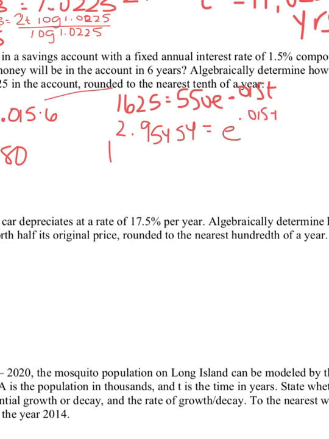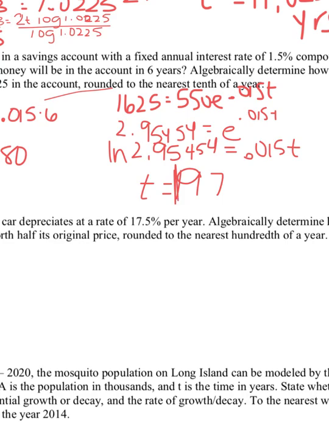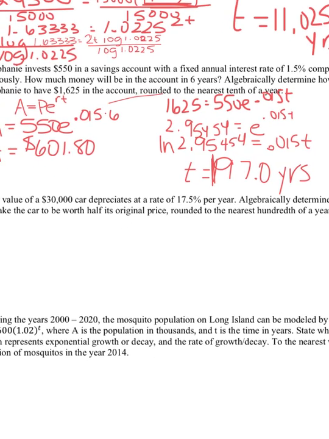Take the ln of both sides. Ln of 2.95454 is equal to 0.015t ln e, which is going to cancel, and then you divide. You should get, round to the nearest tenth, 197.0 years. Rounded correctly would be 197.0.